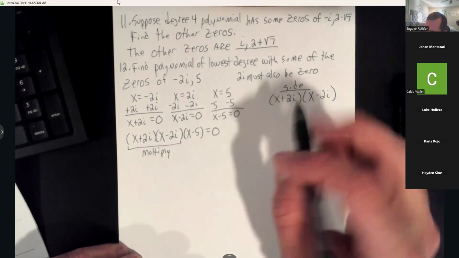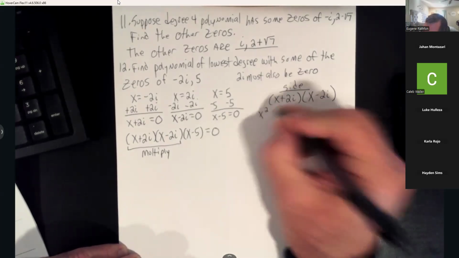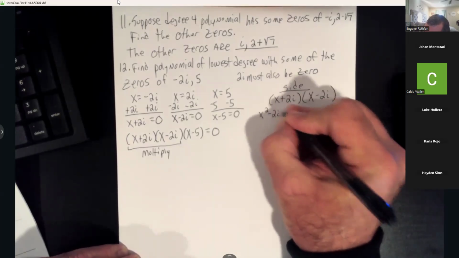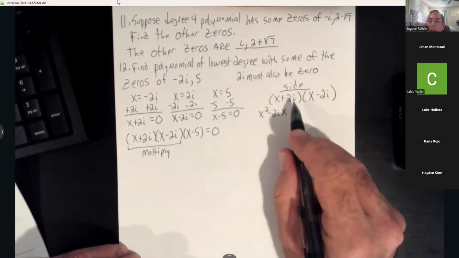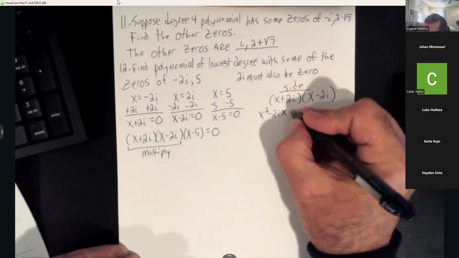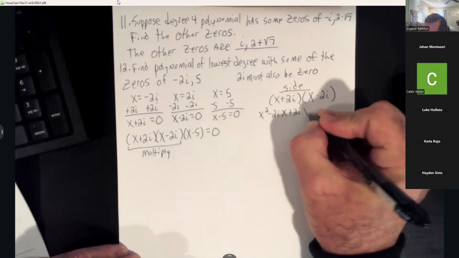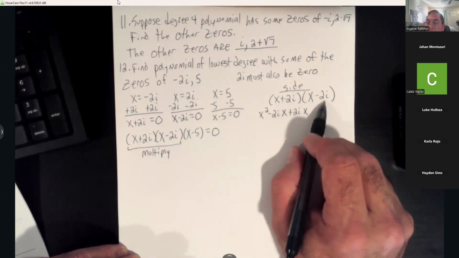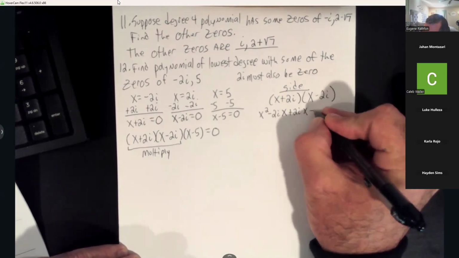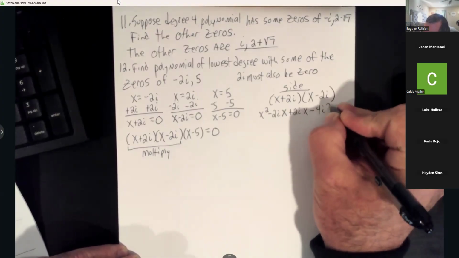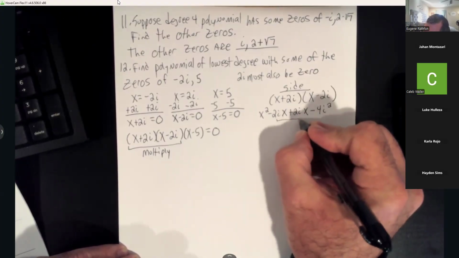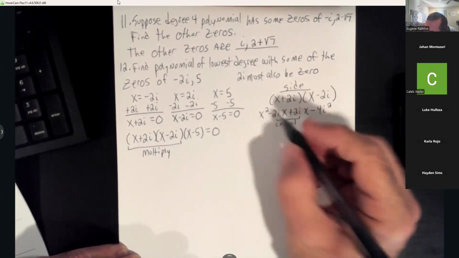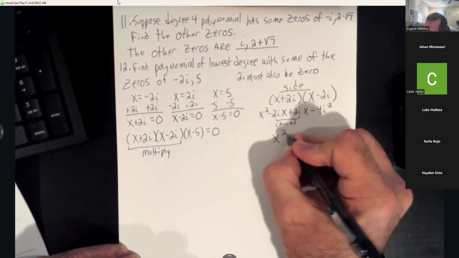All right, x times x is x squared. x times negative 2i is a negative 2ix. 2i times x is a positive 2ix. And y'all, 2i times negative 2i is a negative 4i squared. So if you notice, the middle cancels. So bring down your x squared.